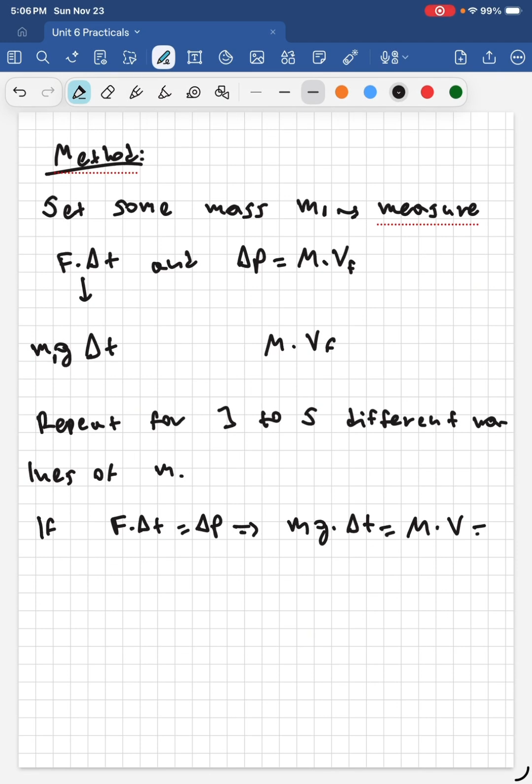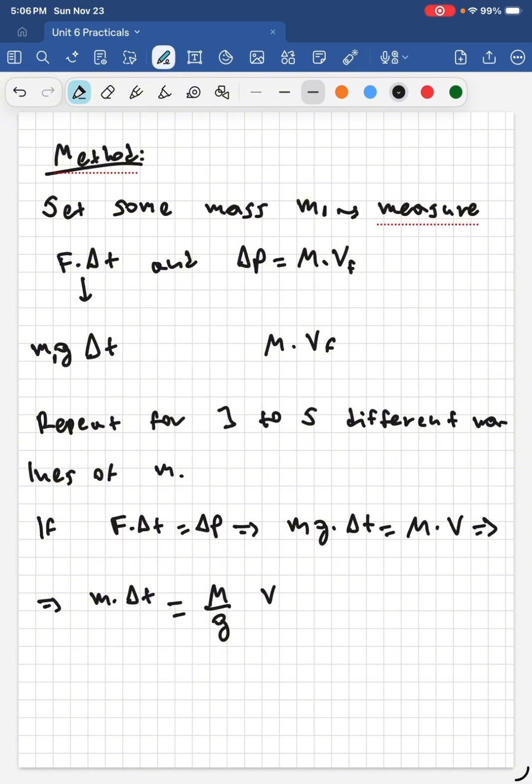So if you plot m times delta t as a function of v, if we solve this for m times delta t, we find M over g times v.